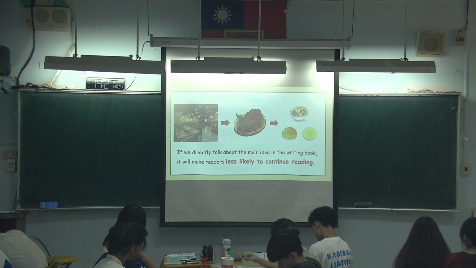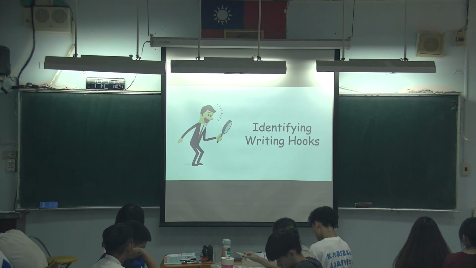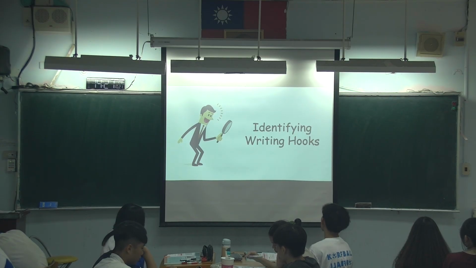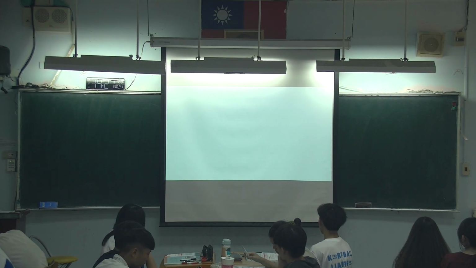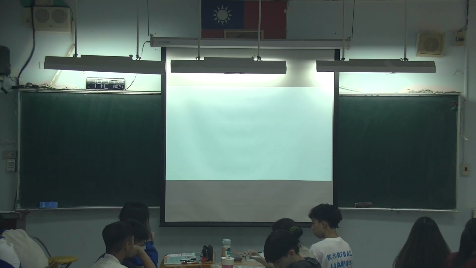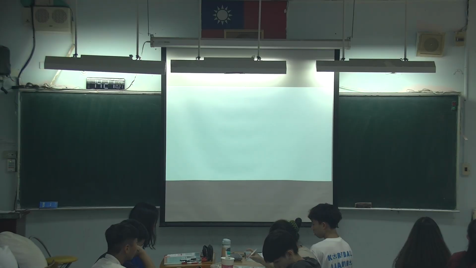Alright, now let's move on to the next activity, okay? It's called identifying writing hooks. But before we do the activity, I want you to do a quick review of what we just learned, okay? So take a look at page 128, question number 3. What are 6 common techniques of writing hooks? Look at the sentences you underlined. What are 6 common ways for writing hooks?